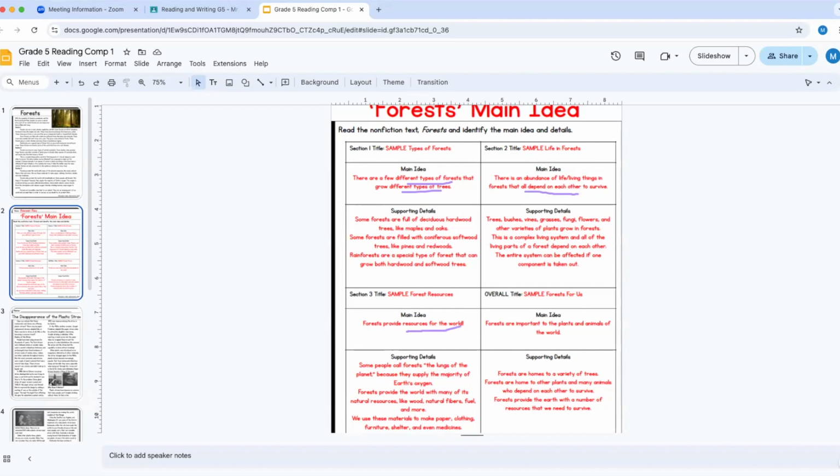If you notice on the bottom part here, they said the overall title, forests for all of us, right? They're saying the main idea for the whole thing was they're important to plants and animals all over the world. I don't think that really covered it. I didn't see the word resources. I didn't see different types, and I didn't see dependence. So I'm looking for those key words in the main idea.